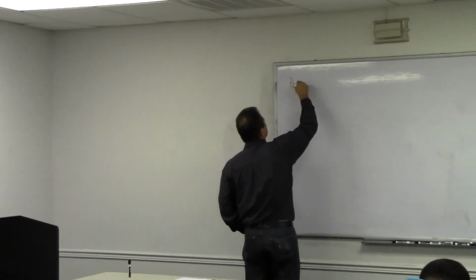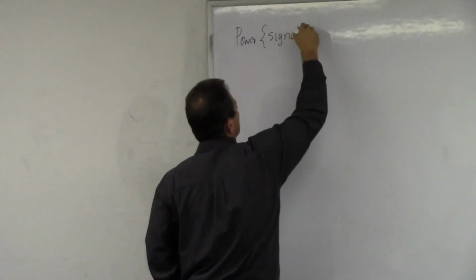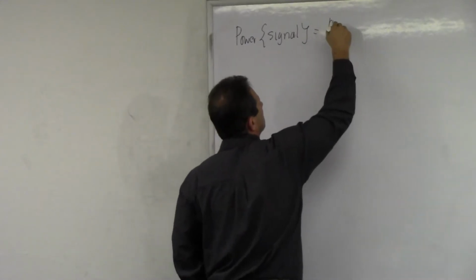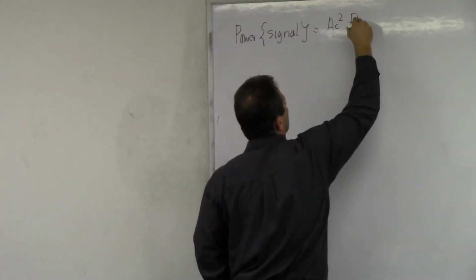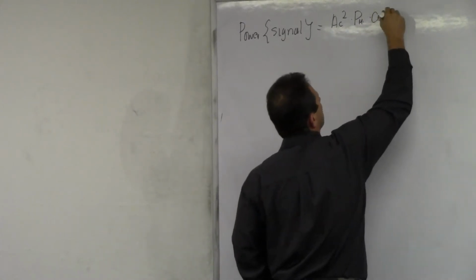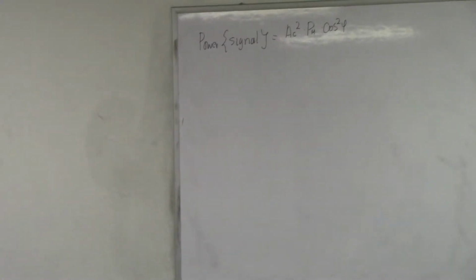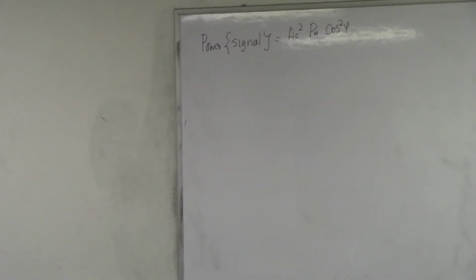So the power of the signal becomes Ac squared, the power of the modulated signal, times cosine squared phi. Right, so this is the average over time of this term squared.